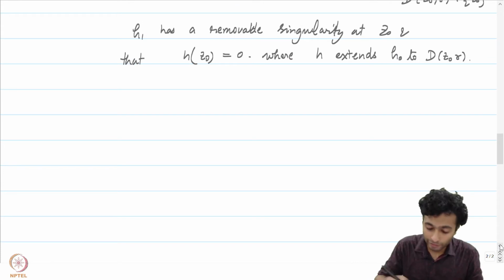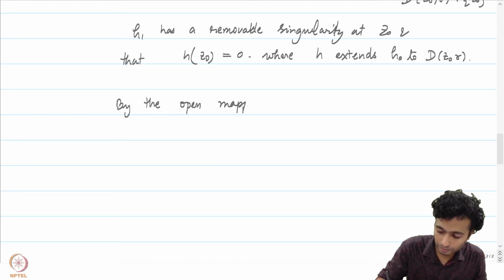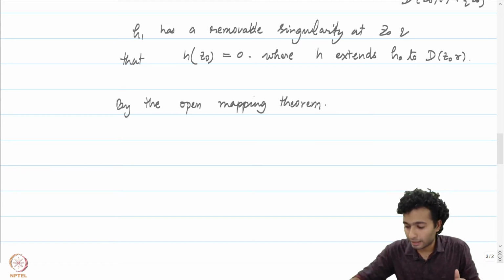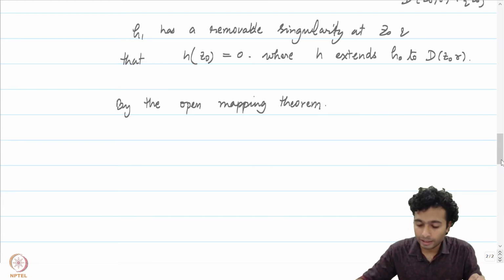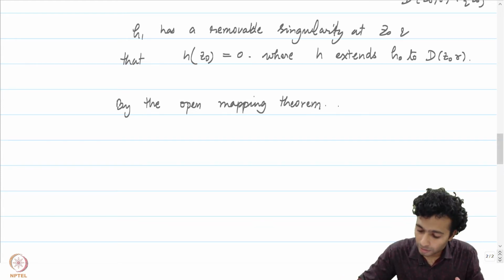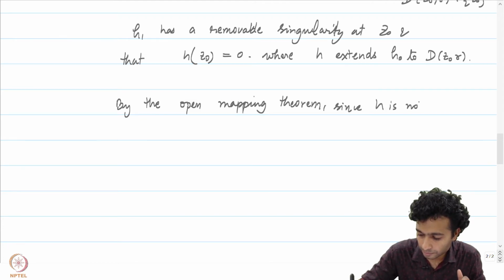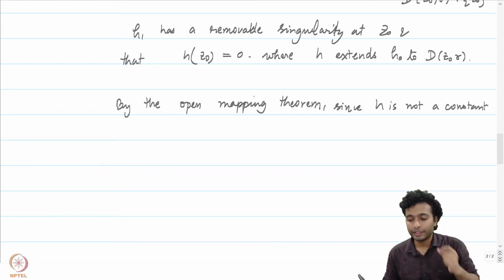Now again, let me use the open mapping theorem. Let's see how powerful the open mapping theorem is. By the open mapping theorem, and the fact that h is not identically a constant function, h of z0 is going to be an interior point.